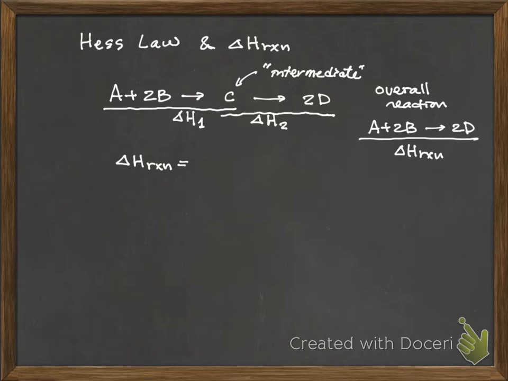So it is a summation of the delta H of reaction in the first step and the delta H of reaction in the second step. So Hess's Law is an example of this: by summing all the reactions involved, we can essentially have predictive knowledge of the final products.